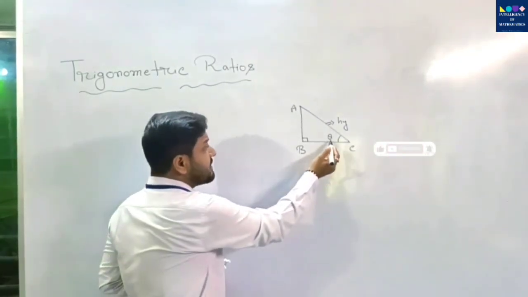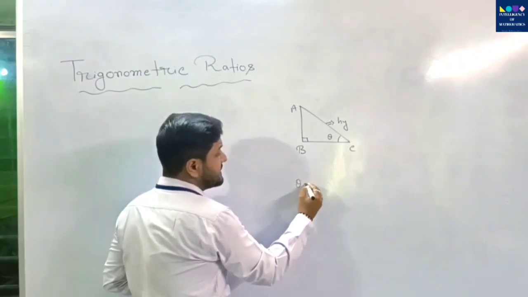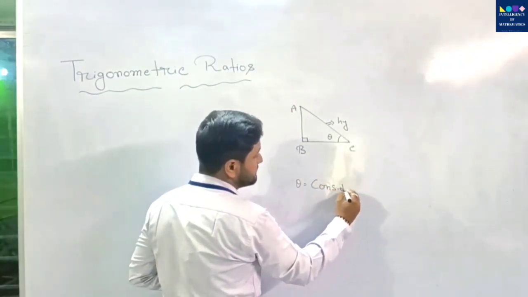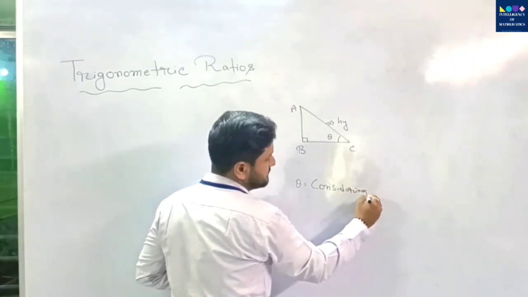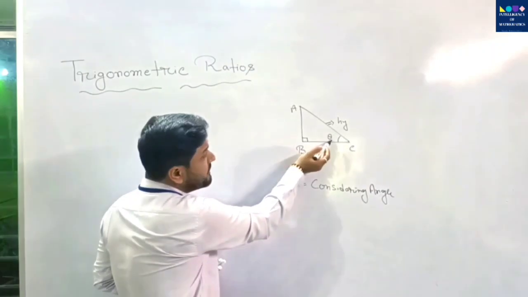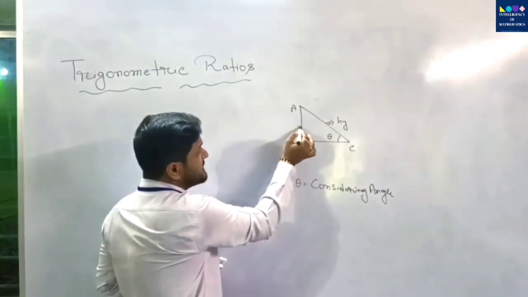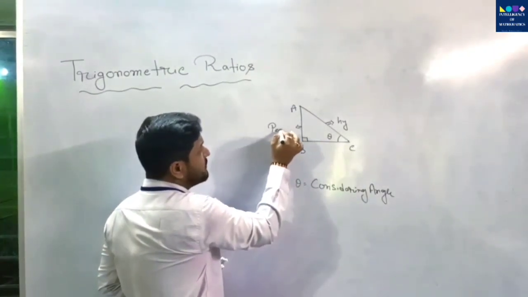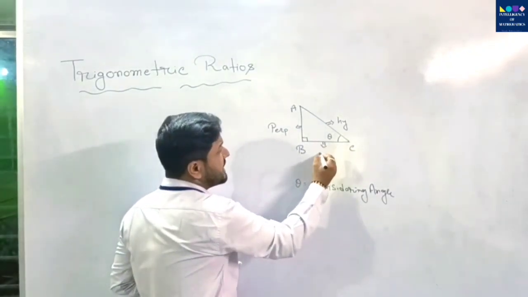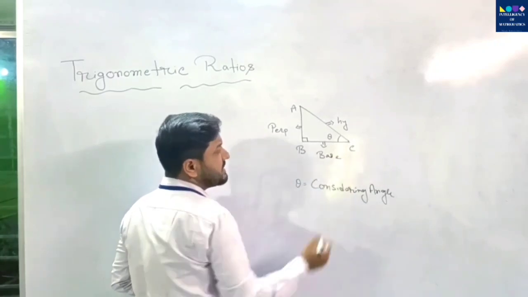So if theta is our considering angle, then the side in front of this angle will be perpendicular, and the remaining side will be known as base.